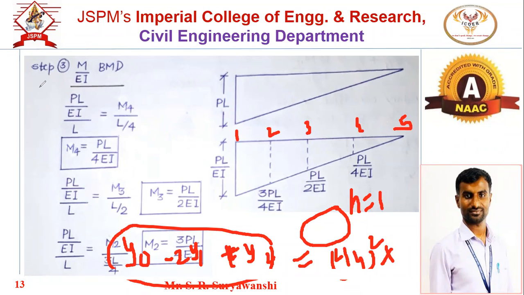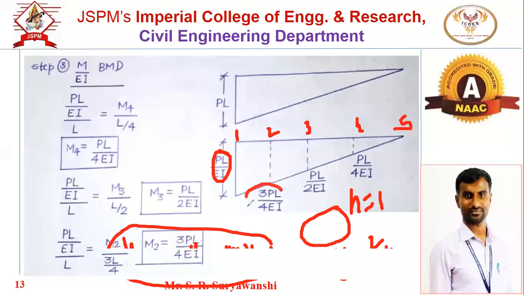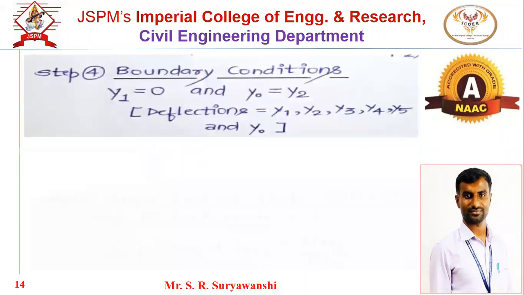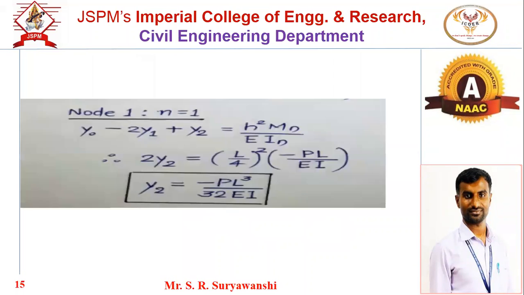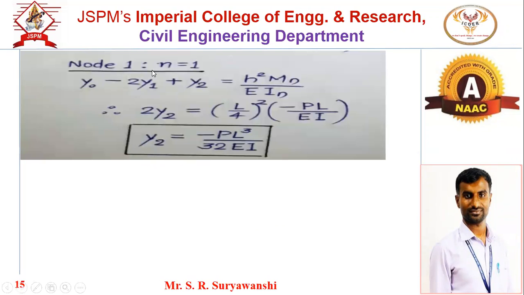PL by EI. Yes, PL by EI. If you apply this equation for node number 1, you have to put this value on the right-hand side. If you apply this equation for the second node, put the value of M by EI as 3 by 4 PL by EI, likewise.